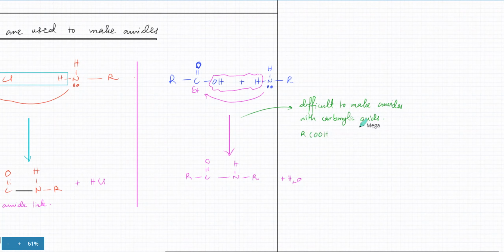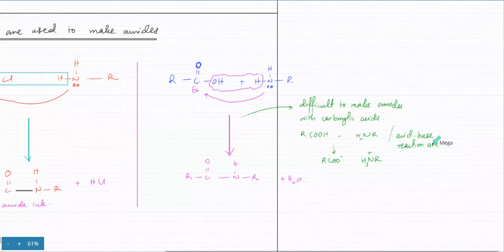They like to lose H plus one ions, whereas amines are kind of basic. So instead of this condensation reaction, you might get an acid-base reaction. The carboxylic acid ends up losing an H plus one, and the amine group, because it has lone pairs, is going to gain an H plus one. So acid-base reactions are possible, and they're more likely actually.